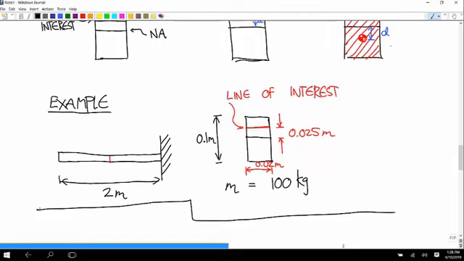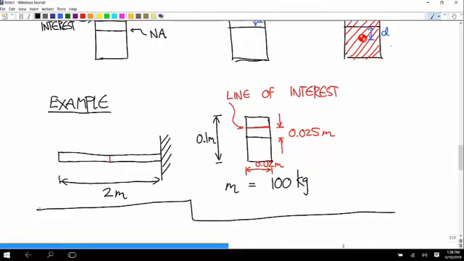What if our line of interest was the neutral axis? Which of those two loads would contribute to the stress at the neutral axis? Shear force, but not bending moment. And actually, the shear force is biggest at the neutral axis. I should have said that. I'll say that in your notes.